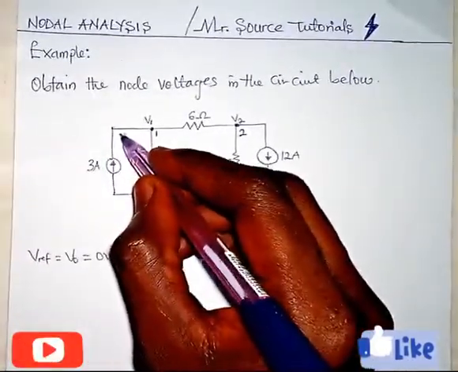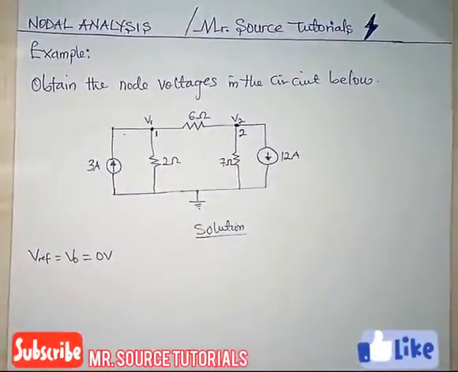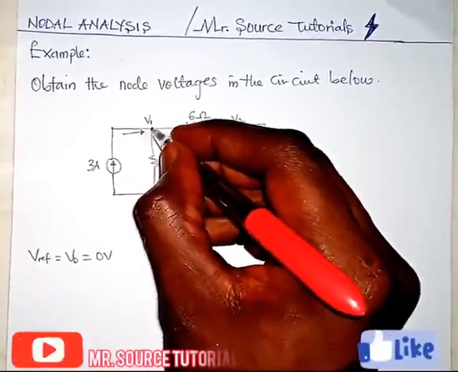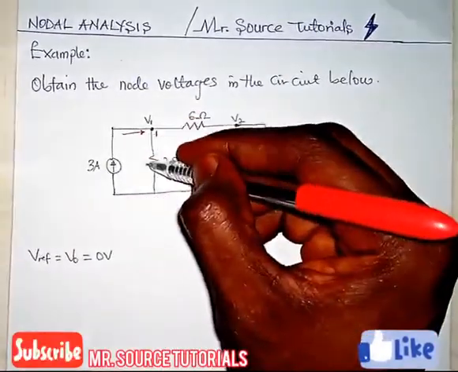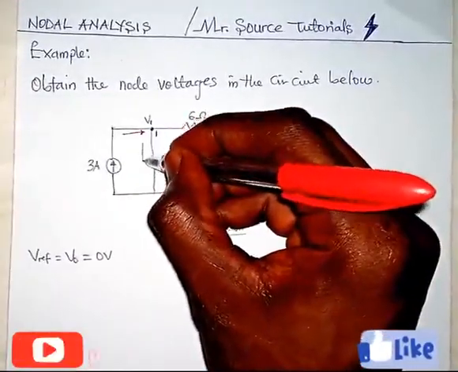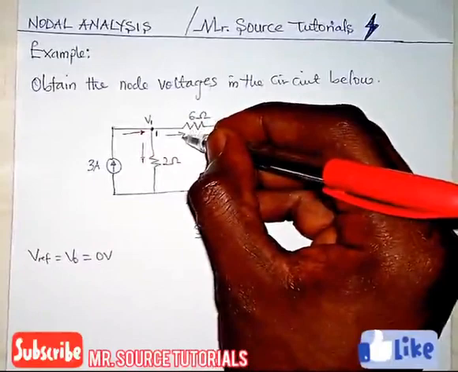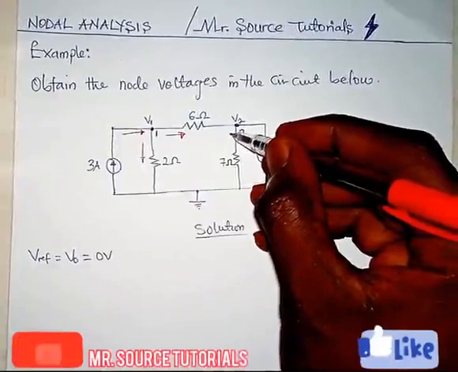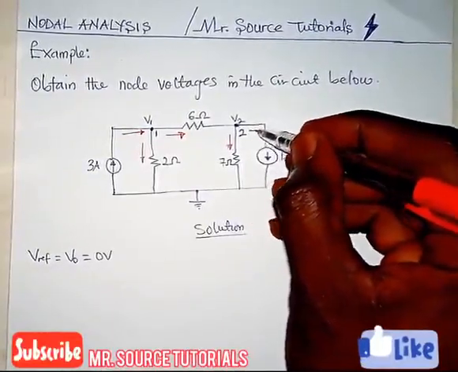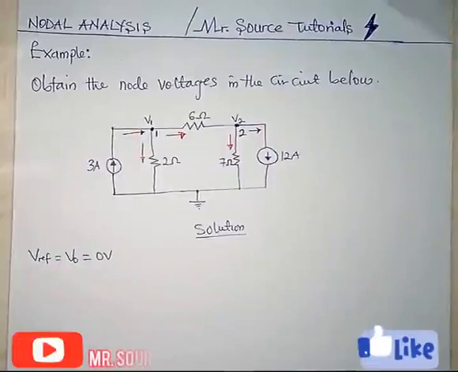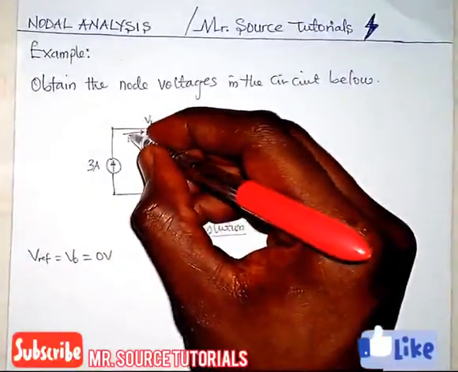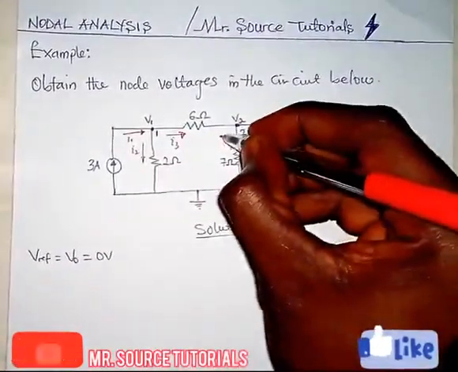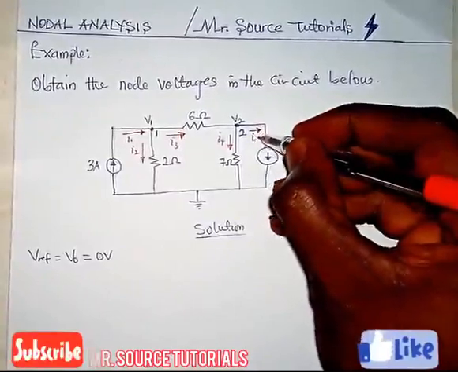When this current comes to this point, it hits this node and splits here and here. And when it comes to this other node, it hits this node and splits here and here as well. So the currents at these points, you can call this I1, this I2, this I3, this I4, and this I5.